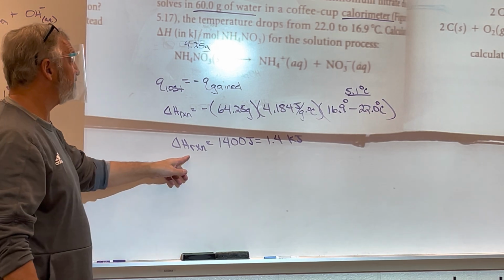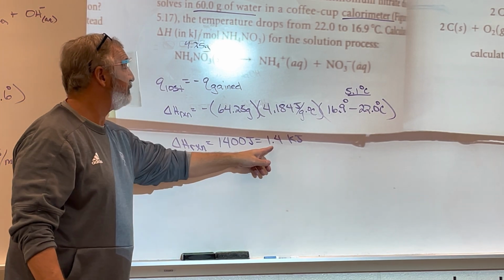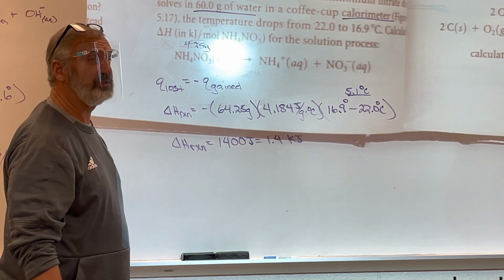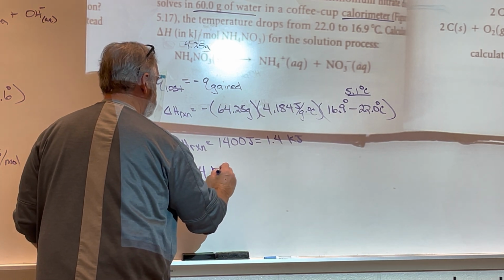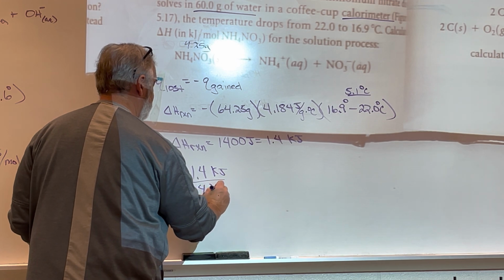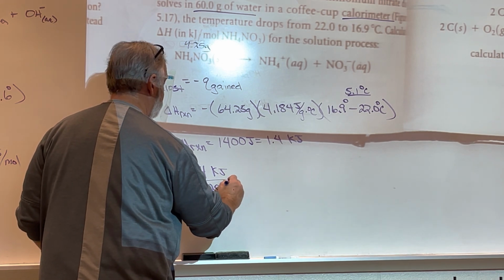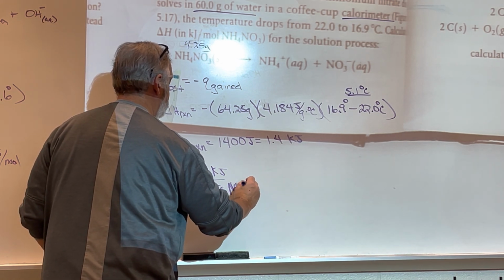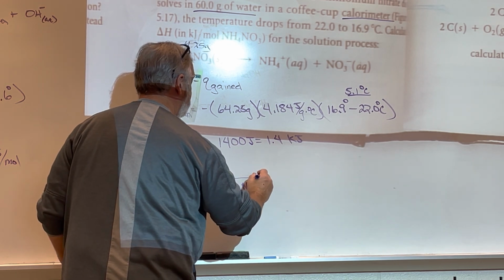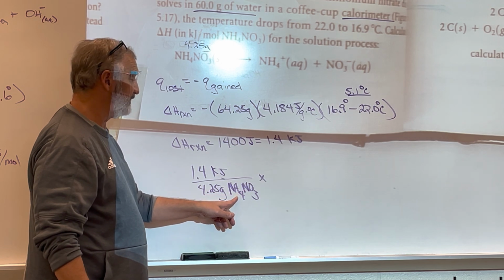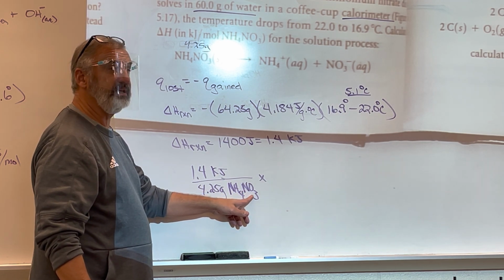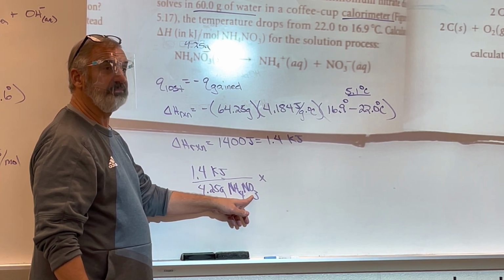Okay, so this is the delta H of the reaction, but this is 1.4 kilojoules per how much? 1.4 kilojoules per 4.25 grams of the NH4NO3. Okay, so then we just go again times the molar mass of this, which is 28 plus 4 is 32, 32 and 48 is equal to 80.